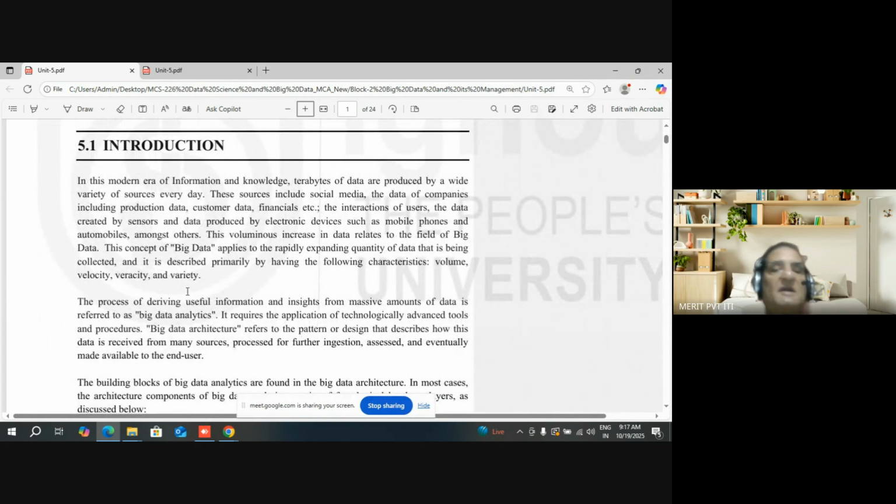So you can read this introduction where the social media, the data of companies and all that is also being handled. So the concept of big data came up because of Facebook, Twitter, and all the other things which came up. So big data analytics became important.